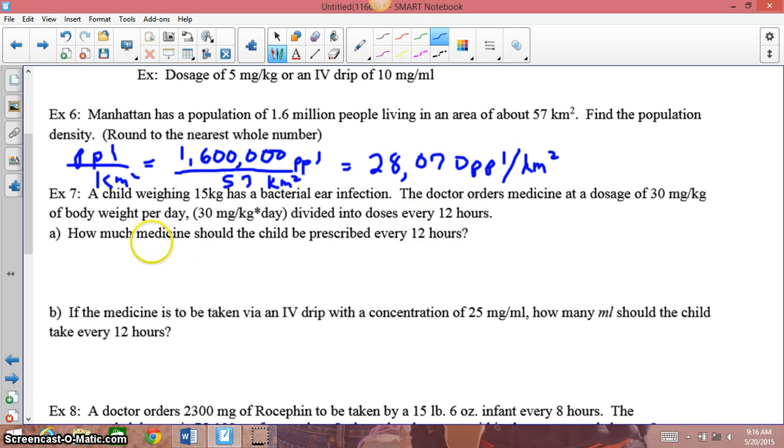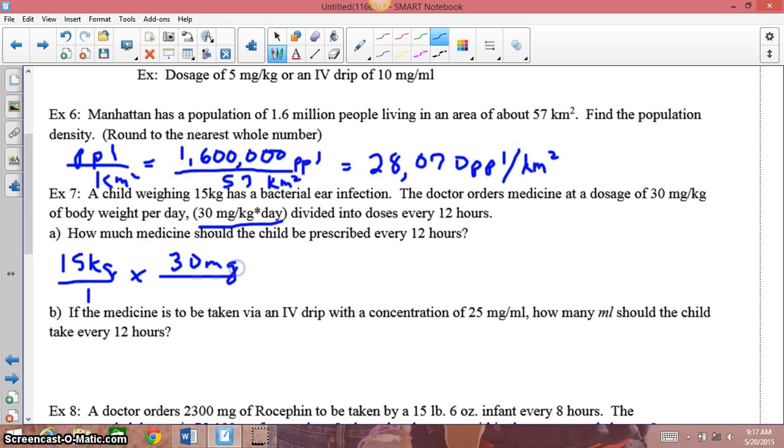So in part A, we want to know how much medicine should the child be prescribed every 12 hours. So let's first figure out, well, how much are they going to get every day? So this child is starting out, they weigh 15 kilograms. And we want to know, well, how much are they going to get per day? You have your conversion factor here that they will get 30 milligrams of the medicine for every 1 kilogram per day.